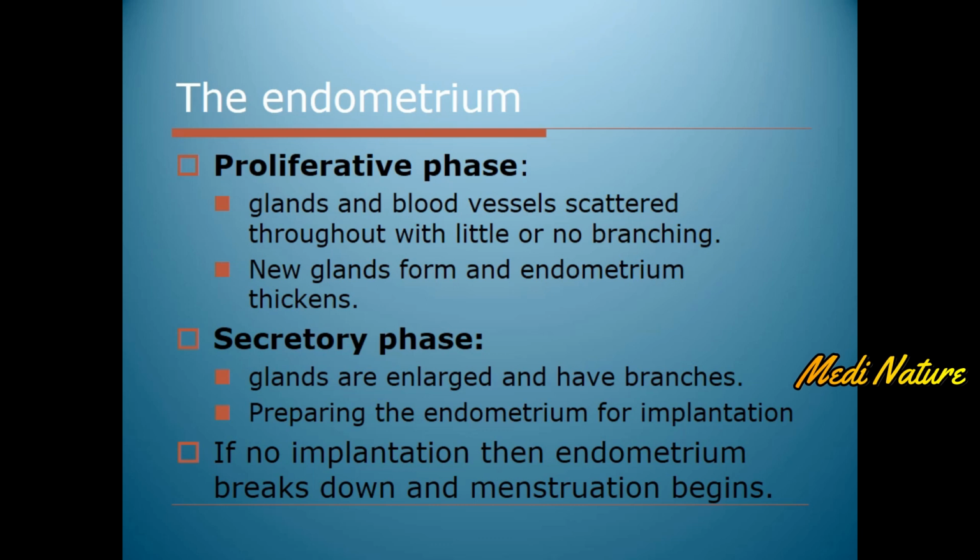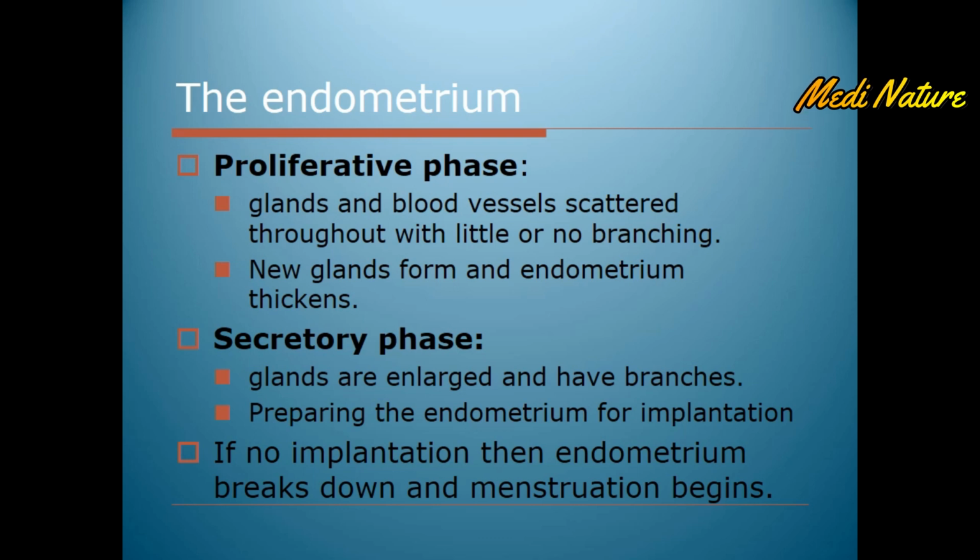During the proliferative phase, just after menstruation sheds this layer, the glands and blood vessels are scattered within this layer. The number of glands and blood vessels is small and there is no branching. But at the end of this proliferative phase, new glands start to form and the endometrium starts to thicken.